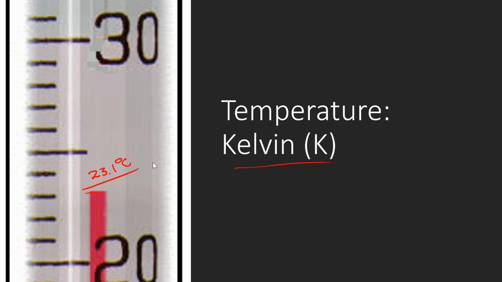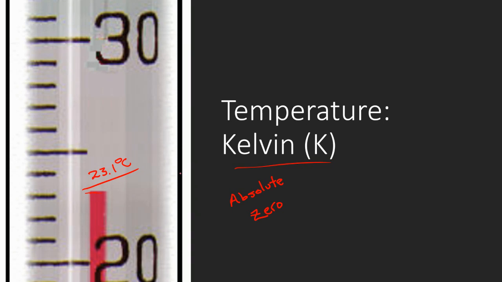What I mean by that, you may have heard of the term absolute zero, and absolute zero kind of represents the lowest temperature that is theoretically possible. And so there are no negative temperatures on the Kelvin scale. And that's why we use that instead of Celsius. It turns out when you have a scale with negative temperatures and you start to do calculations, things get a little bit weird. And so we use this Kelvin scale instead.